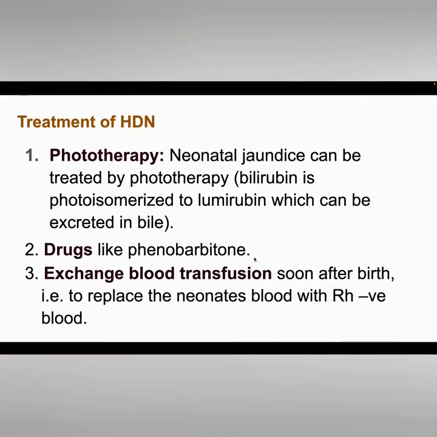Treatment is phototherapy, and also some drugs can be given like phenobarbital, and exchange transfusion is the treatment for HDN soon after birth. To replace the neonate's blood with Rh negative blood is called exchange blood transfusion.